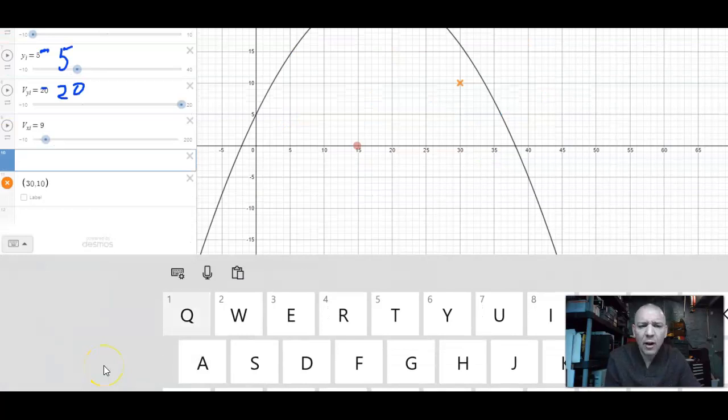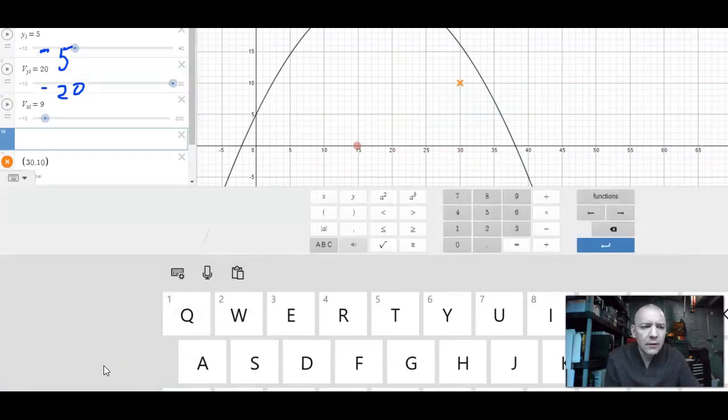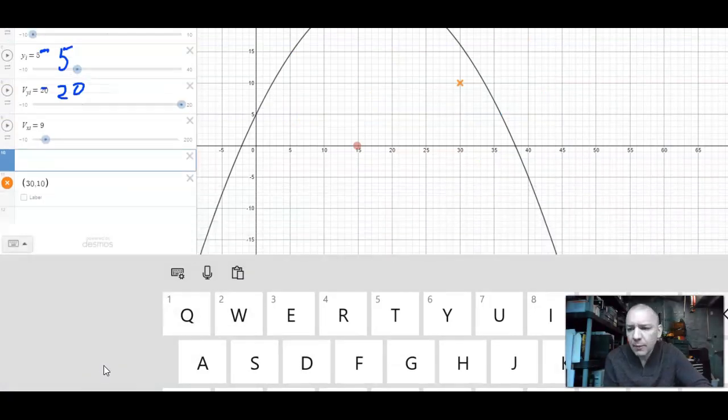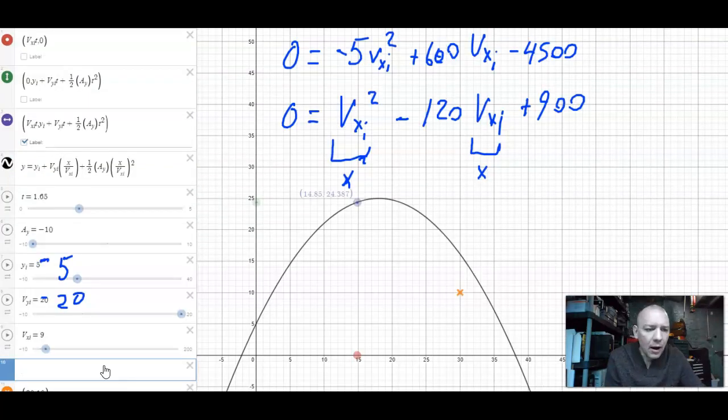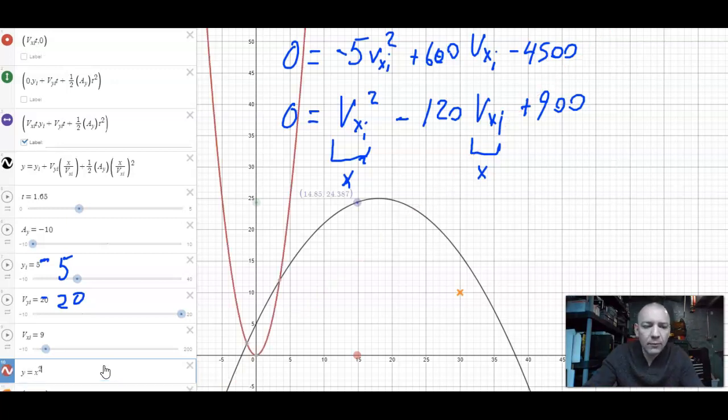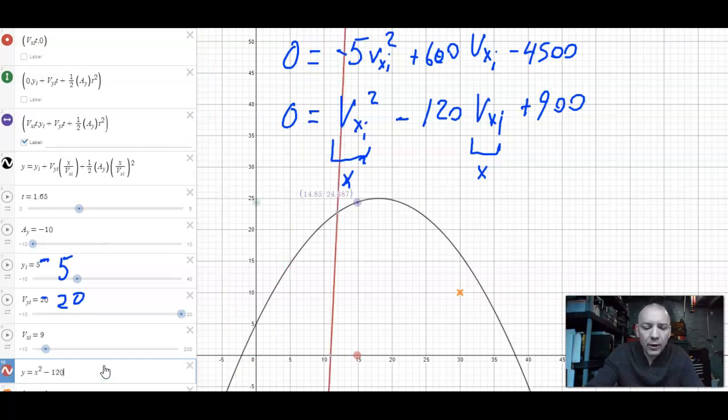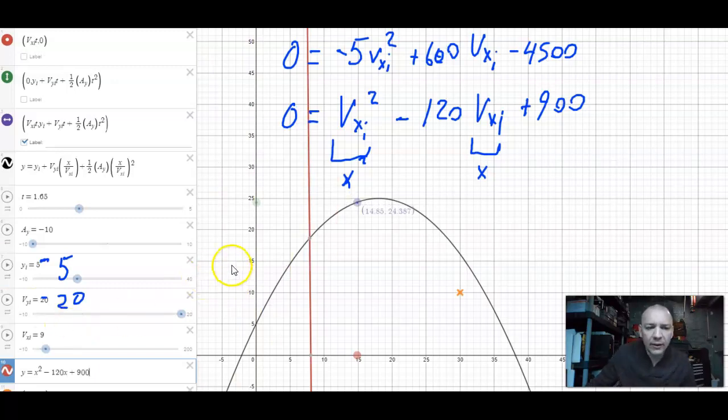So let's solve this here. Oh gosh, let's get that put away. Why do I have this big thing? Oh, it's a tablet. All right, so I need to solve this. So let's just graph it first here. Y equals, if I graph that quadratic, I get x squared minus 120x plus 900. Okay, and so right here, I got a quadratic. It looks like a big quadratic.